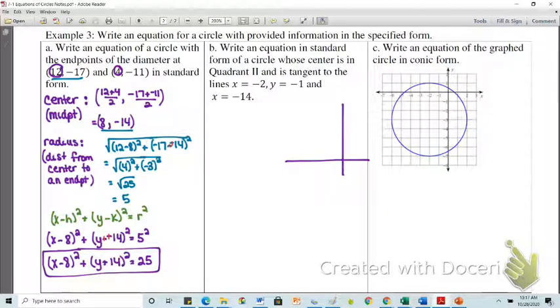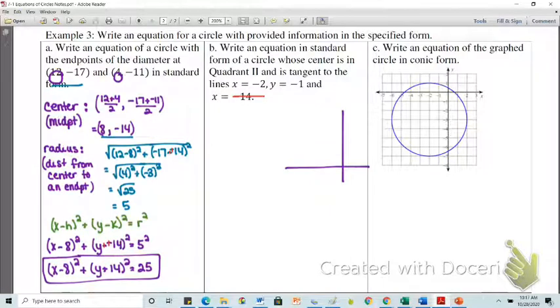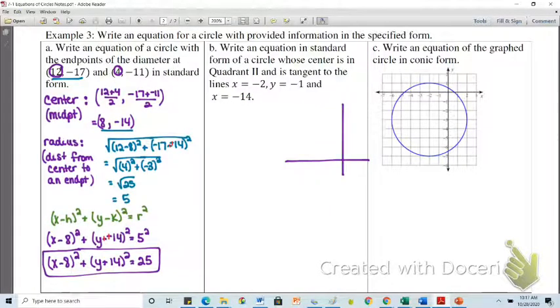I'm going to draw in my x equals negative 2 line. So that would be roughly right here. I'm going to draw in x equals negative 14. So if I think about just that part, my circle touches both of those lines.